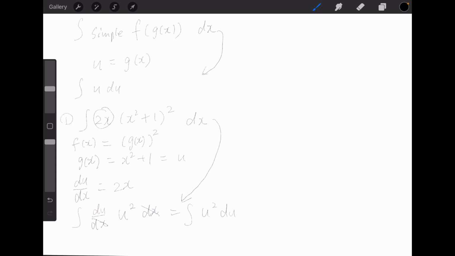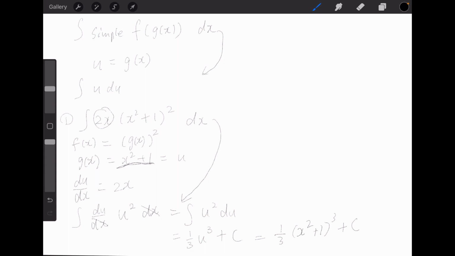If we evaluate that, we would get 1/3 u cubed plus c. We don't need the du anymore. Then we plug x squared plus 1 back into u. Therefore, the final answer would be 1/3 (x squared plus 1) cubed plus c.